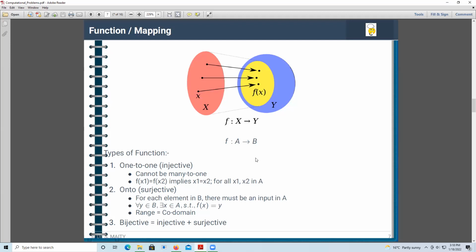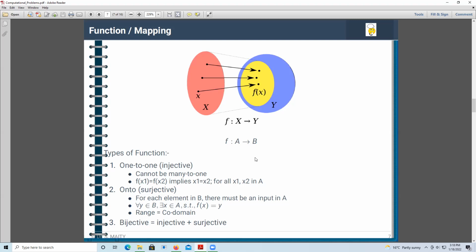Now, types of function. There are two types of special functions: one-to-one function and onto function. One-to-one is also known as injective function, and onto is also known as surjective function. These are two different types; this is not a classification of functions.